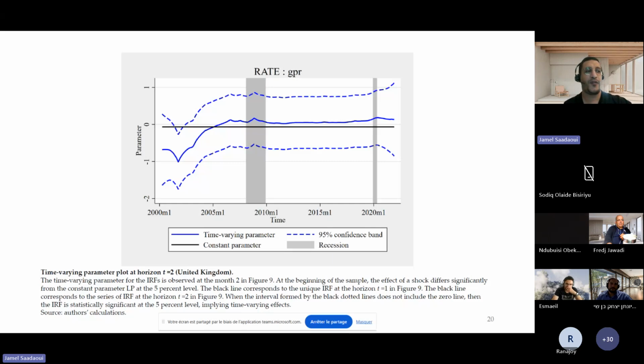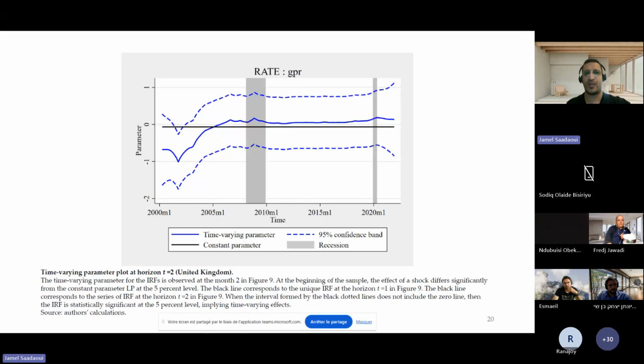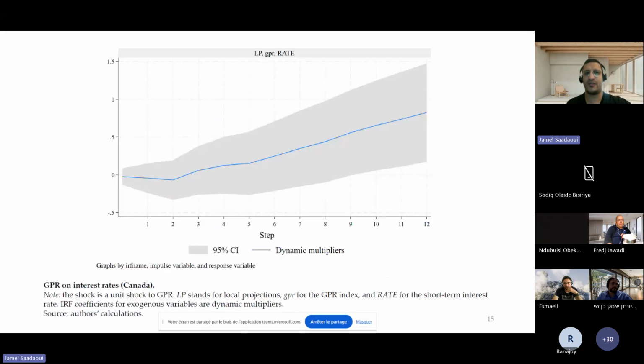For example, here for the UK, you have a reaction which is especially strong. It is different from the rest. But if you look at the local projection, the reaction for the UK after 12 or 15 months is significant.